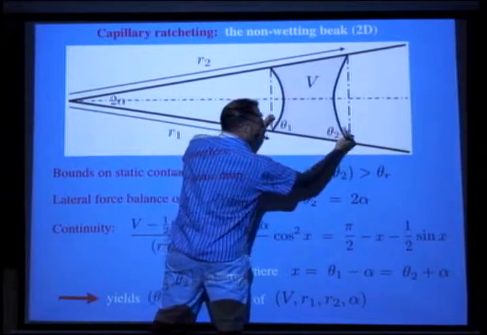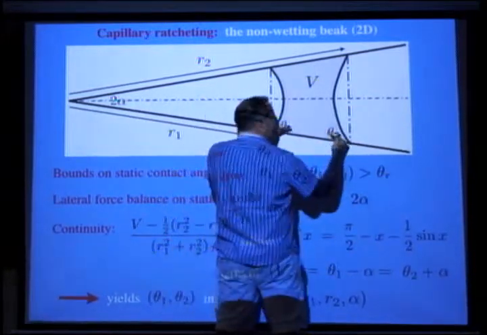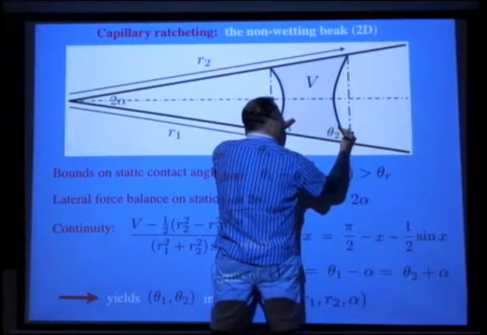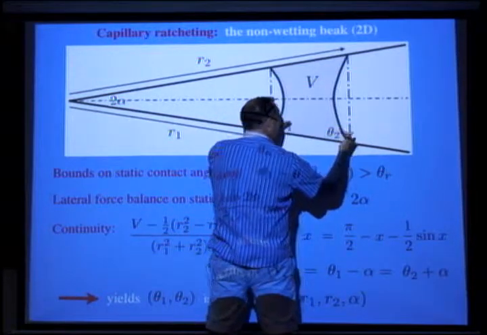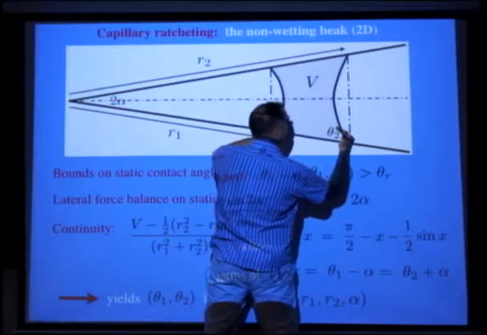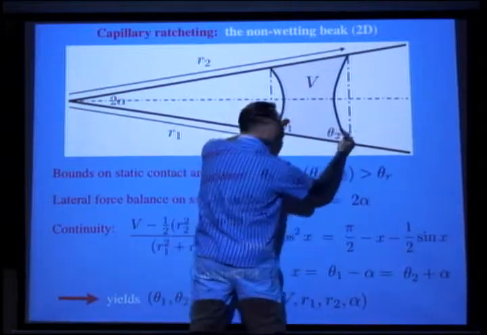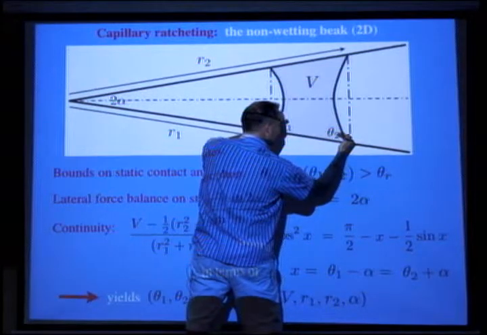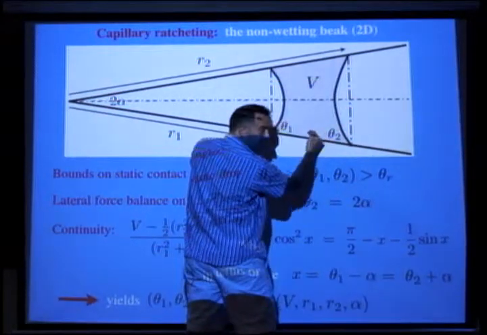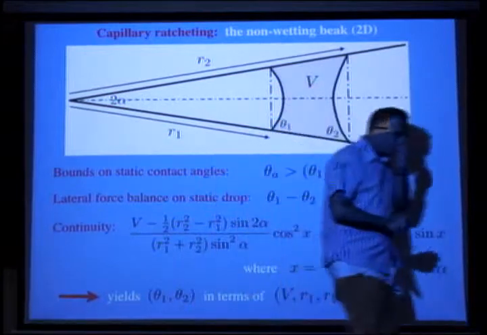And then when you're opening, these are both going to go like this, right? But because of this constraint, this one reaches the receding value fastest, so it starts moving. So you break the symmetry, and you get this ratcheting motion.